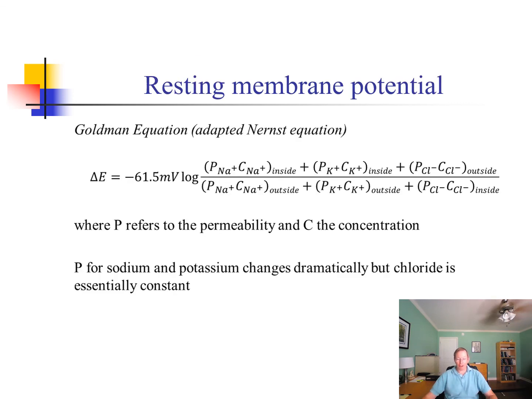Now I can actually model and calculate the concentration difference across a cell that is excitable and the potential difference that results as a result of that. The Goldman equation, which is basically the Nernst equation in this particular case, is a description of that.